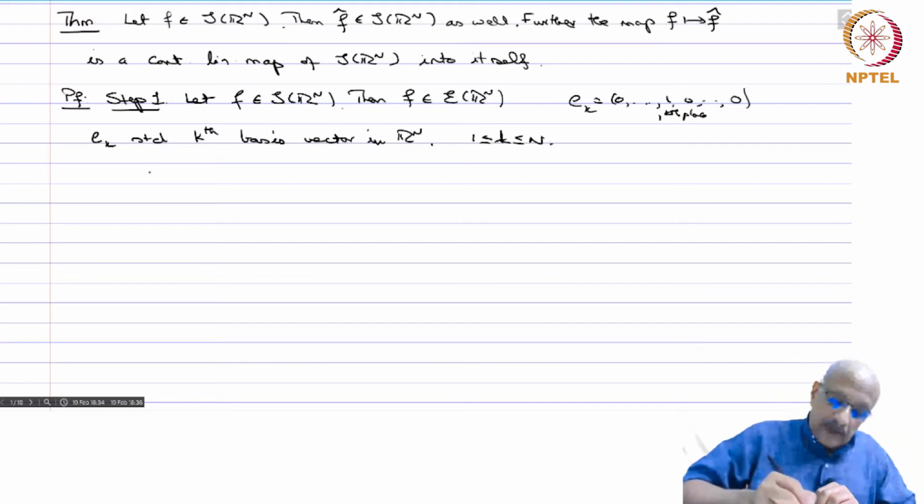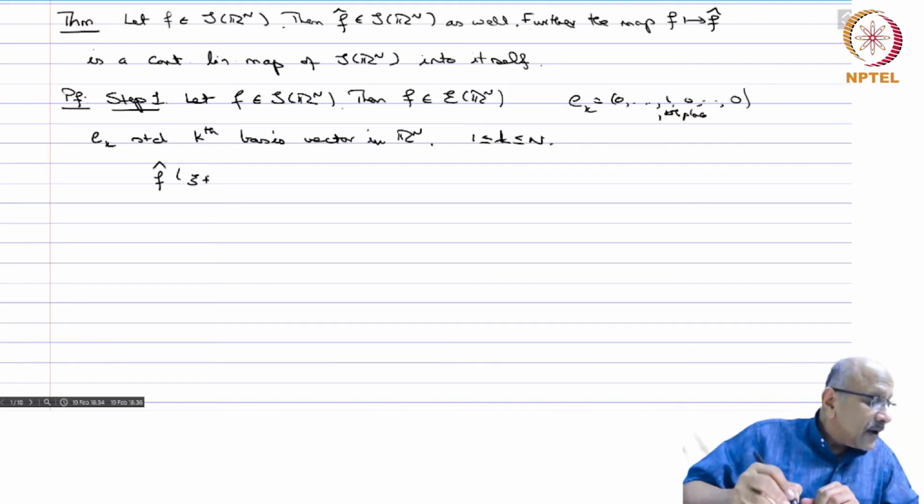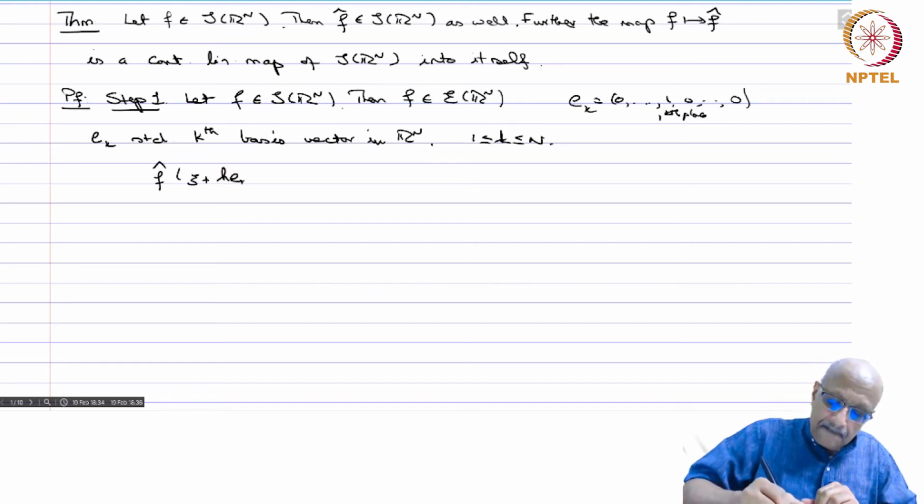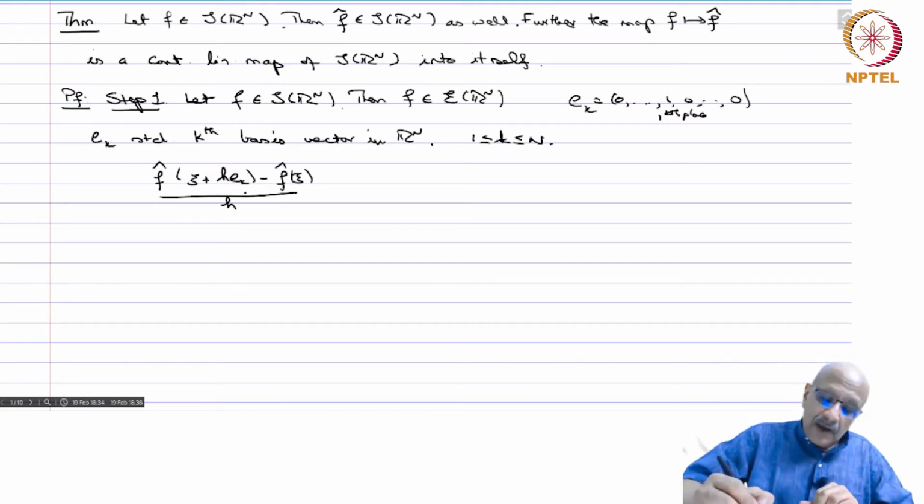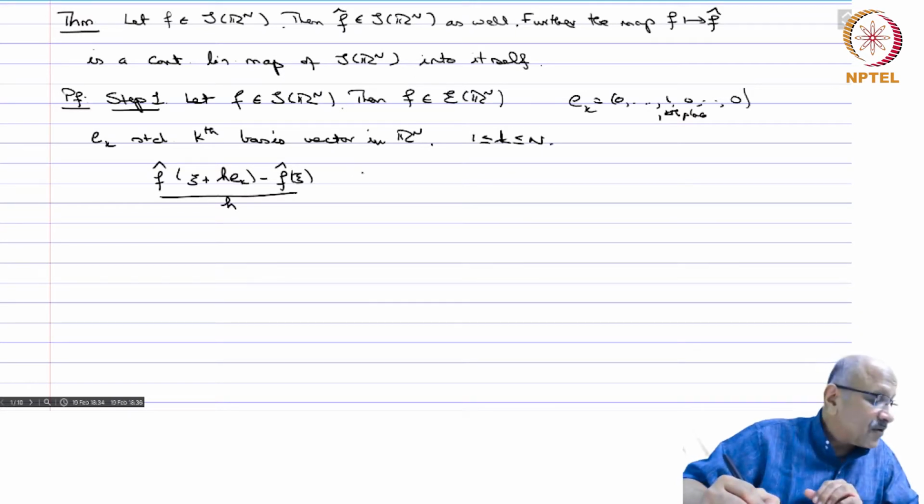Then [f hat of xi plus h ek minus f hat of xi] by h. So we are trying to find the derivative, d by d xi k, of f hat. That is what we are trying to do.